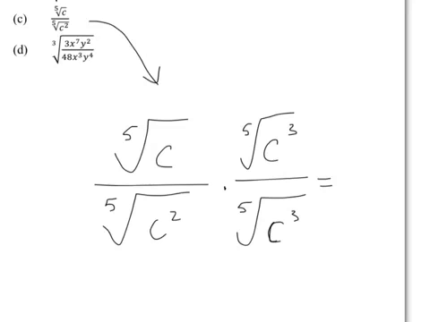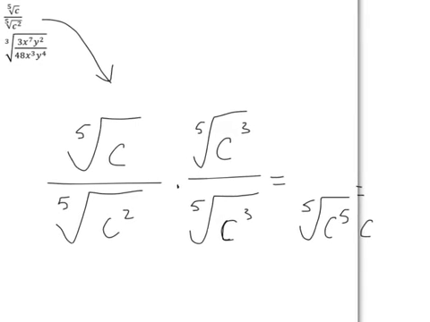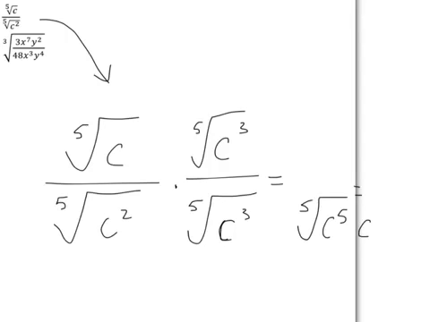So this becomes the 5th root of C to the 5th, which is just C. That is just C on the bottom there. And I'm going to move over further and make this look a little bit better. The 5th root of C to the 5th is just C.